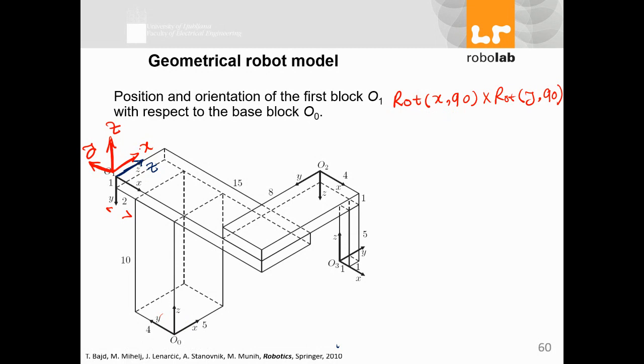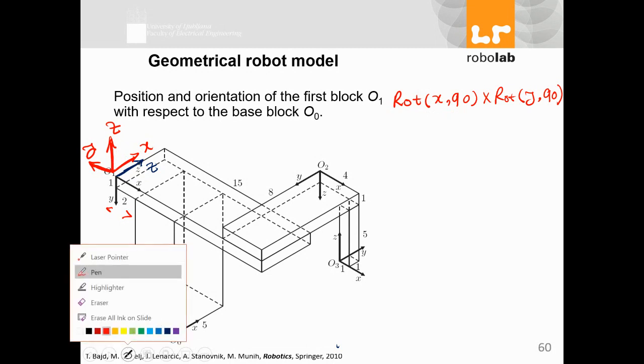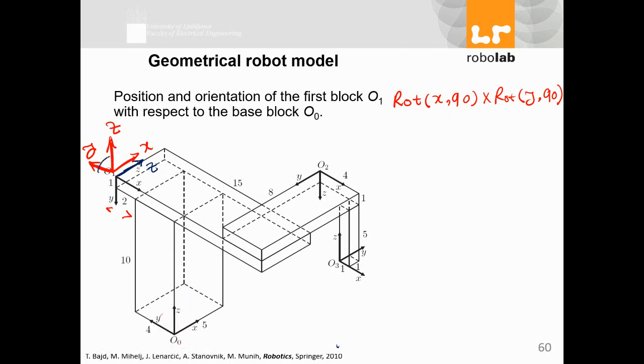If you rotate around x, what you get is... if I have the system X, Y, Z, and I rotate around X, X will be in the same situation, and this becomes X, Z, and Y. This is after rotating X with 90 degrees.